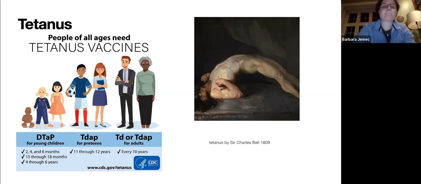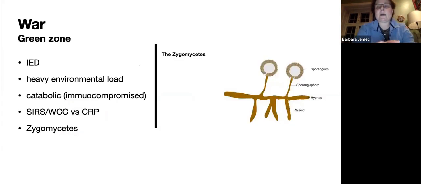It's super, super important. We need to talk a little bit about war and what was called the Green Zone, which was in the Helmand province. And this is bad because there is a combination of things. There is a particularly bad destruction of tissue with IEDs because of the blast injury.